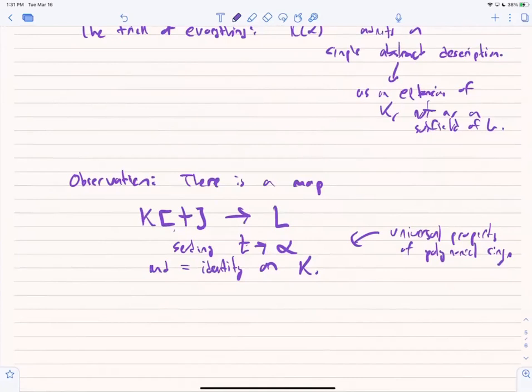Okay, and really not just a map, there's a unique map for the polynomial rings satisfying this property. And so, what is the kernel of this map? I said it like I was going to answer it, but that's actually a question for you. What is the kernel of this map?